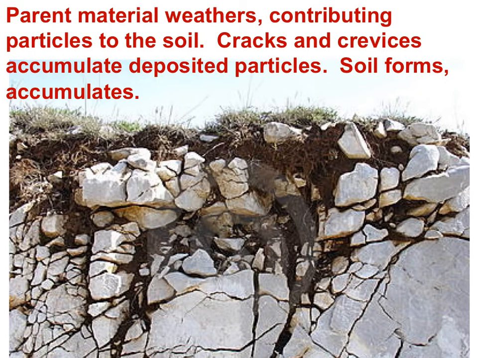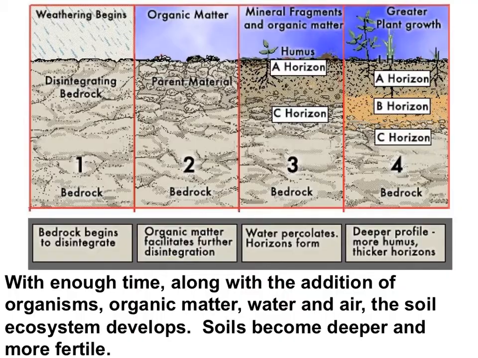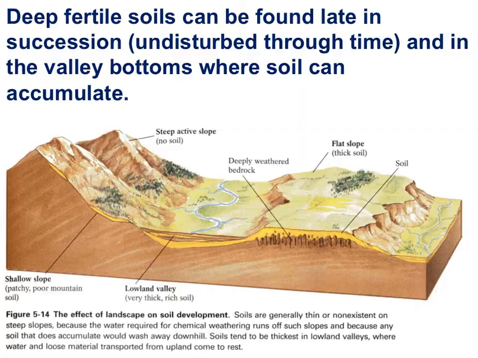Soil accumulates in the cracks and the crevices, supporting plant growth, supporting primary productivity. With enough time, along with the addition of organisms, organic matter, water, and air, the soil ecosystems develop. Soils become deeper and more fertile, and horizons that are typical of soil profiles appear.